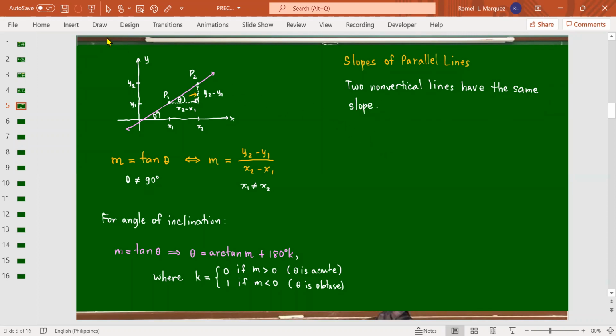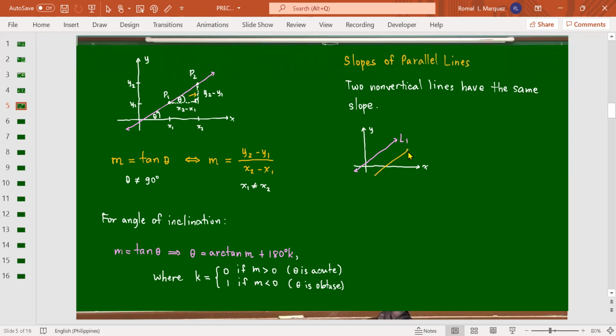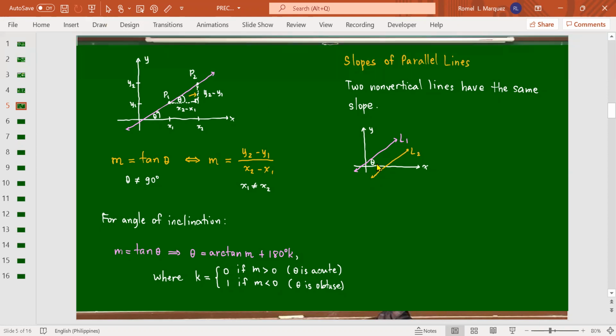So, if I'm going to consider these lines, line 1 and line 2, parallel to that line, their corresponding angles of inclination are theta sub 1 here and theta sub 2 here. So their angles are equal.